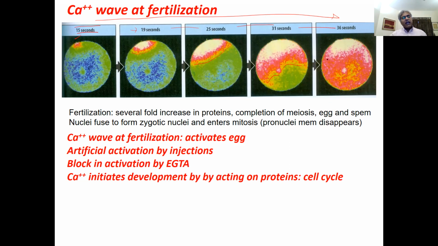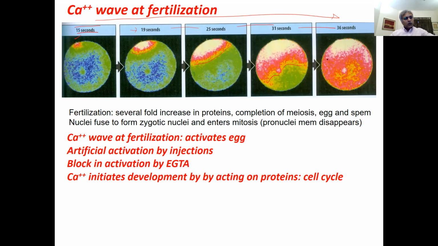And this is not only an indication of the process of fertilization, but it also plays an extremely important role in eventually bringing this fertilized egg into the cell cycle.